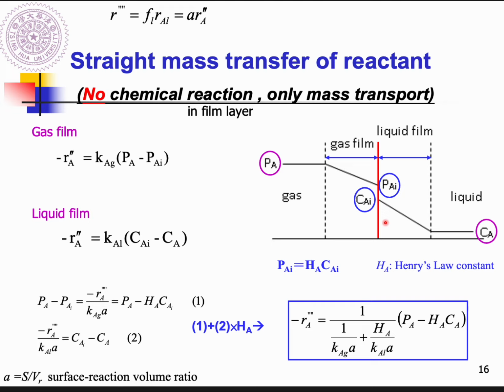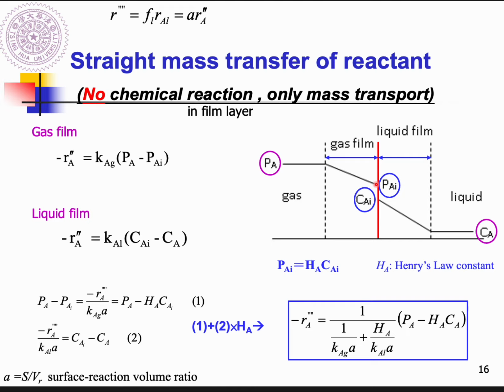Based on this idea, we hope you can try to formulate the rate equation for the consumption rate of reactant A in this case. So how to do that? First of all, you need to draw these figures. We have the partial pressure of reactant A remaining constant in the gas phase, and when it enters the gas film, the concentration or partial pressure will slightly decrease.